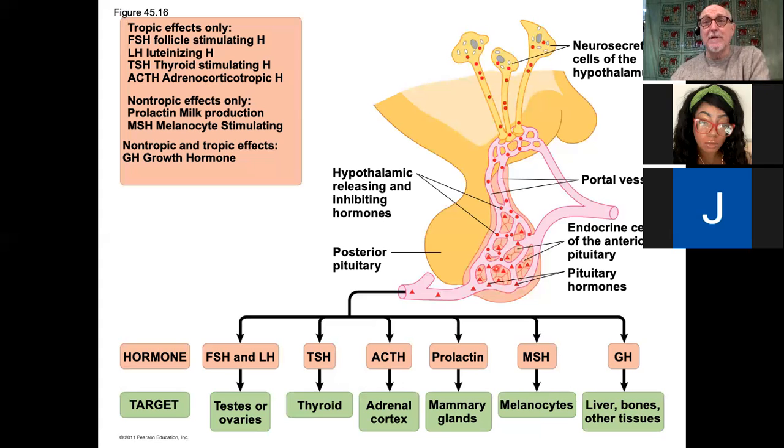And the anterior pituitary is extremely versatile. There are many different kinds of cells present in the anterior pituitary, many different endocrine cells, which can produce a wide variety of different pituitary hormones. We're going to discuss this particular list. These are not, by the way, the only ones. There are other hormones as well.